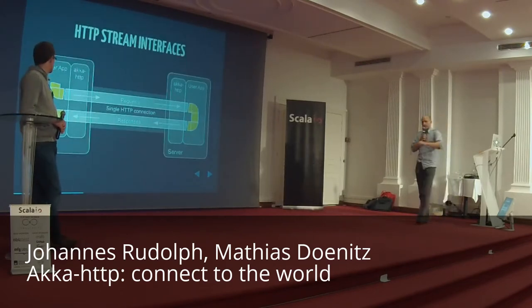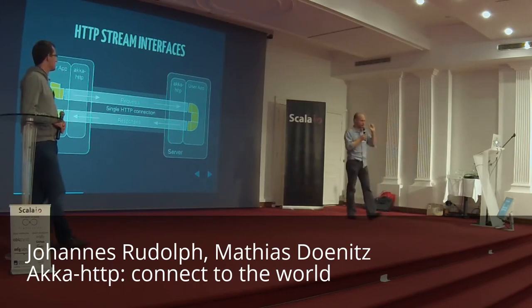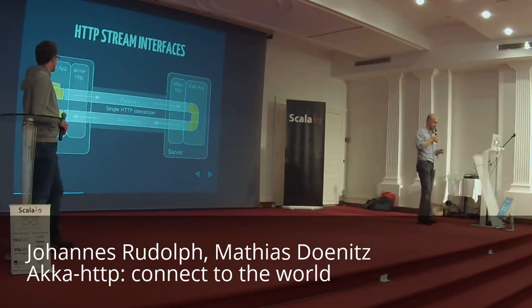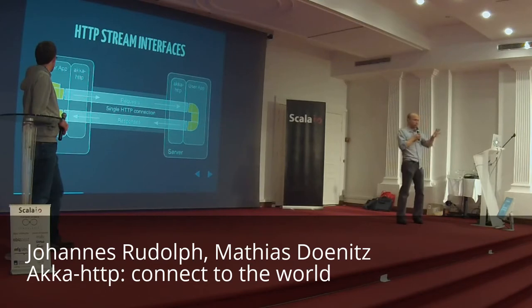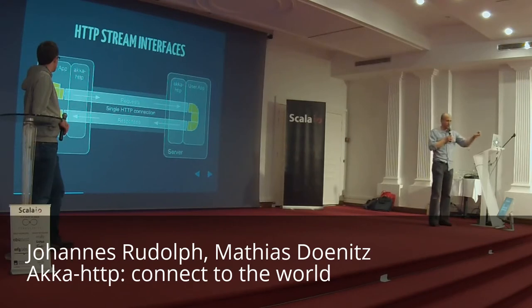Now, if you look at the interface level, and this is what you're going to program with Akka-http, there are two sides. There's the client side and the server side. Let's look at the server side first. The yellow stuff that you see here is what you are writing. That's what you supply. And one single HTTP connection that we see here has a stream of requests going in one direction, and the server responds with a stream of responses that go in the other direction, right? On the server side, your user application provides the connection between these streams.